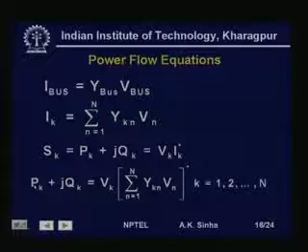So, we can write P k plus j q k is equal to V k into the conjugate of the term for I k, where this can be written for all the bus bars, that is k can be from 1 to N. So, the real and reactive power injection at any bus k can be written in this form.